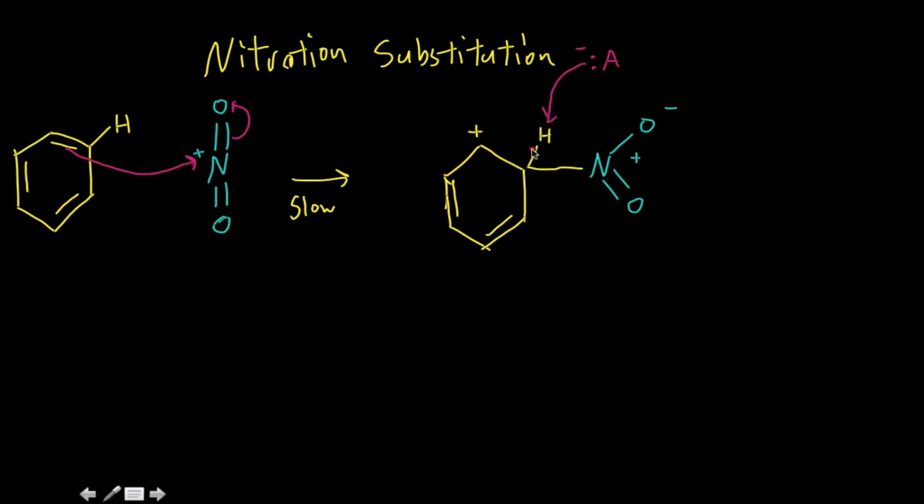This deprotonation reaction, which puts that pi bond there, is restoring aromaticity, so obviously it's going to be fast. So hopefully you're seeing a pattern here between the two, in every reaction that we've drawn.